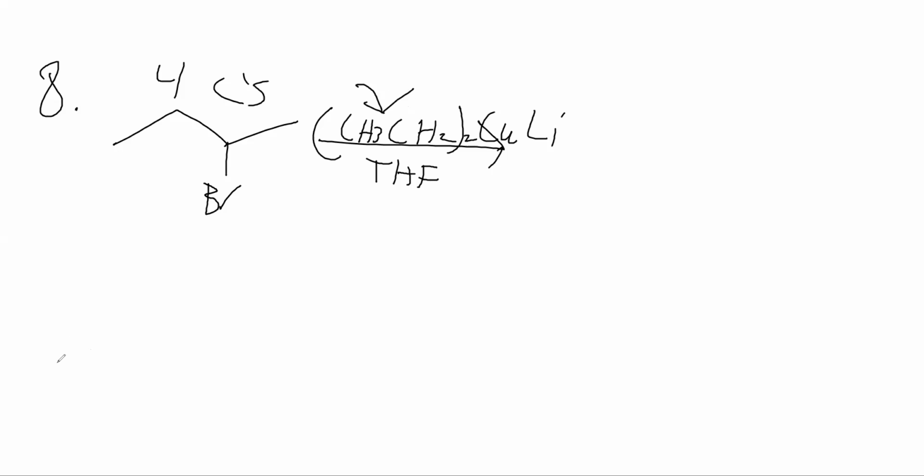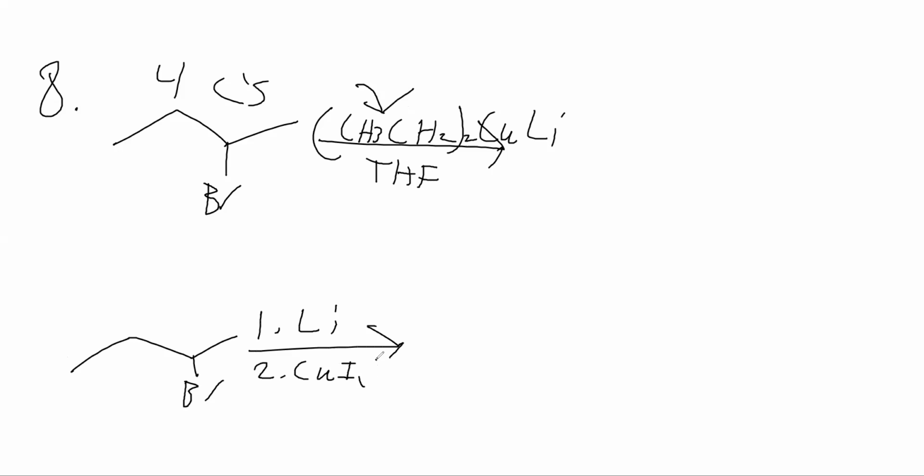I'll just take this as an example. You reacted an alkyl halide with lithium and then with copper iodide in an ether solvent. You would get this, which is similar to what we have here on top of the arrow.